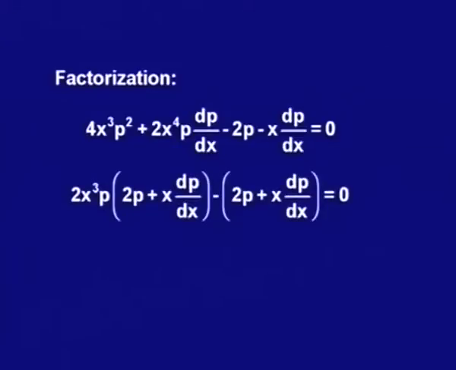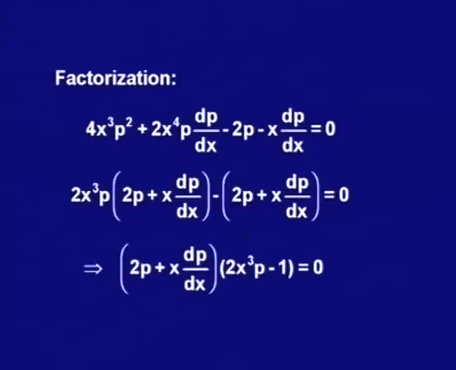From the first two terms we take common 2x cube p and we get the factor 2p plus x dp by dx. Minus, from here we just take the common minus 1 and 2p plus x dp over dx. So, we get the two factors 2p plus x dp over dx and 2x cube p minus 1. Now, if I equate both these factors to 0, we would get two equations.